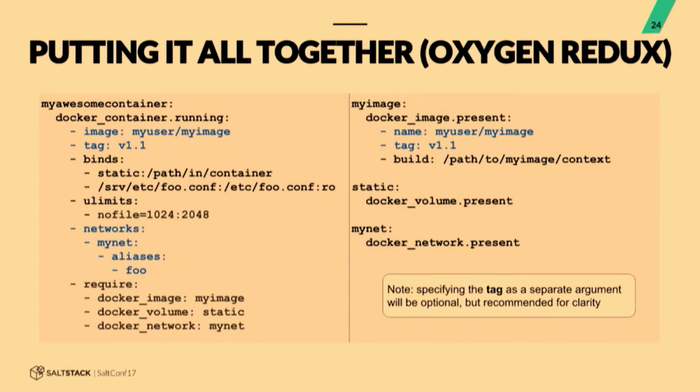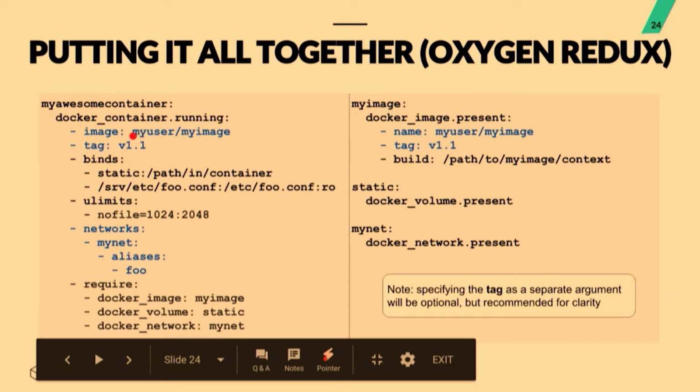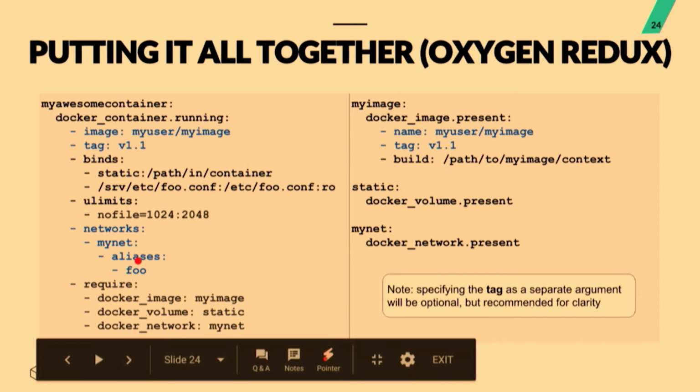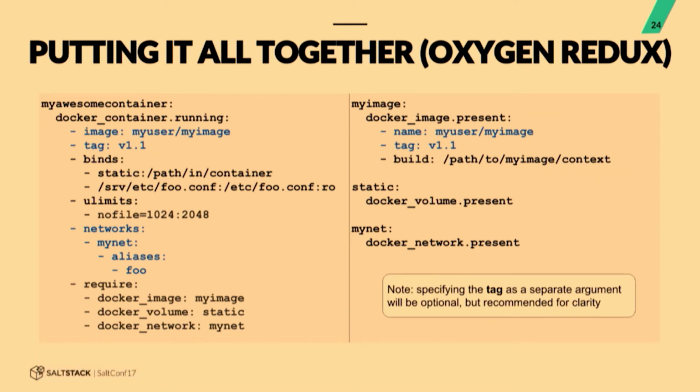And so this is the example that I did before with some of those new features or new fixes in place. You'll see that you could specify the tag manually here. And this is how network configuration would look. You have your network name, and then this would be your list of aliases that you're configuring. There's also IP range, subnet, etc. There's several arguments for that.